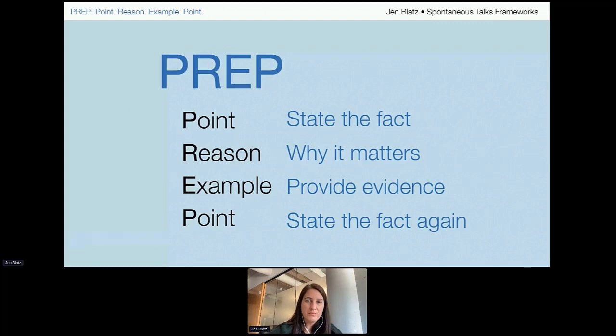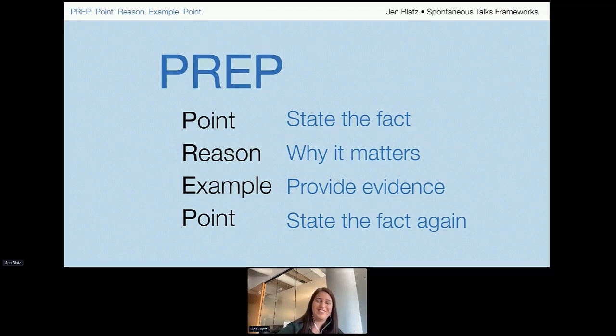So this is what I love about the PREP framework. It's very straightforward. Here's what's important. Here's the reason why it's important. Here's an example that illustrates why it's important. And wrapping it up with a pretty bow, here's my point again, one more time, in case you forgot.